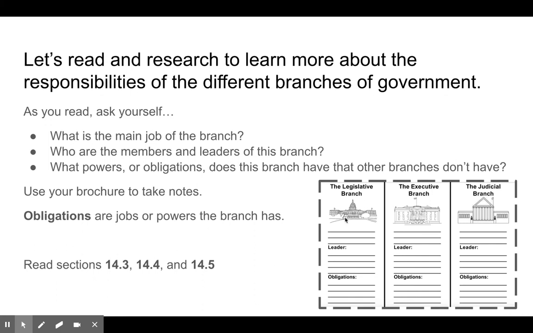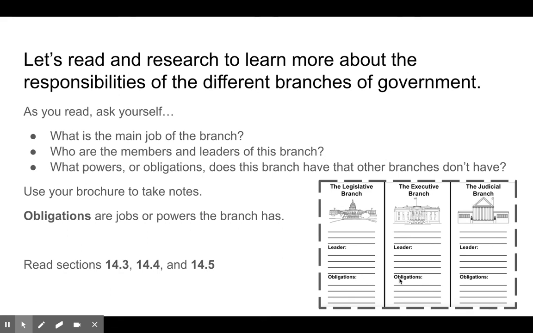So what is the main job of the legislative branch? What is the main job of the executive branch? What is the main job of the judicial branch? Who are the members and leaders of this branch? And finally, what powers or obligations does this branch have that other branches don't have? Remember, we said that in the executive branch, the president has veto power. No other branch has that.